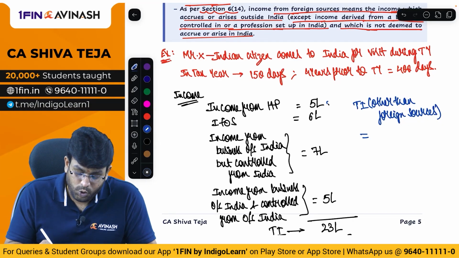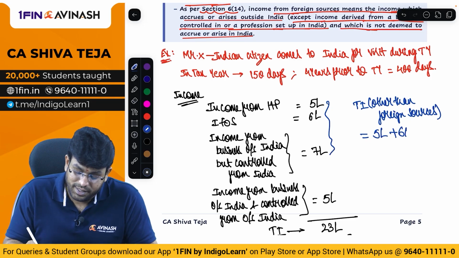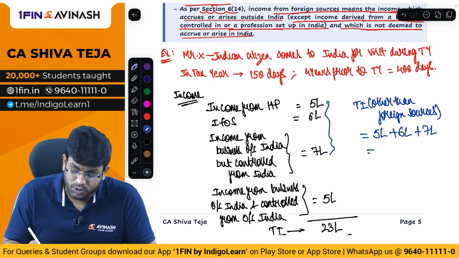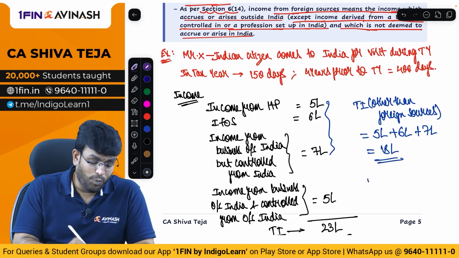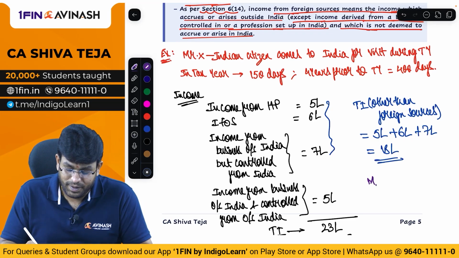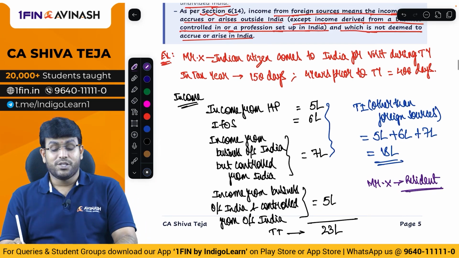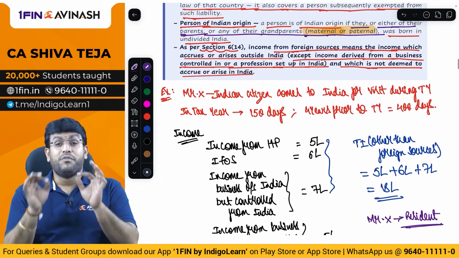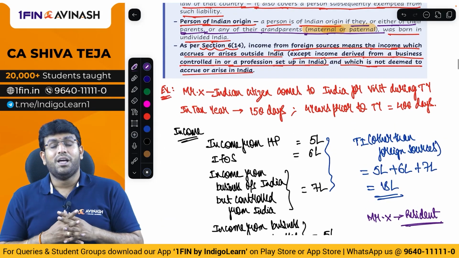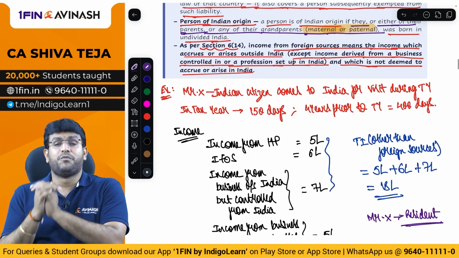That means what? Total income other than foreign sources will be 5 lakhs plus 6 lakhs plus 7 lakhs. Total will be 18 lakhs. Once it is 18 lakhs, then Mr. X will definitely be regarded as a resident. So while calculating that 15 lakhs figure, my dear friends, you have to be very, very careful because total income other than foreign sources should be more than 15 lakhs.